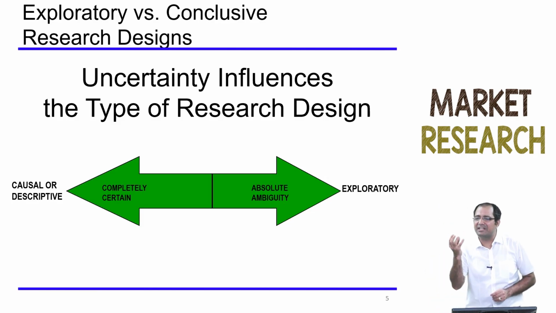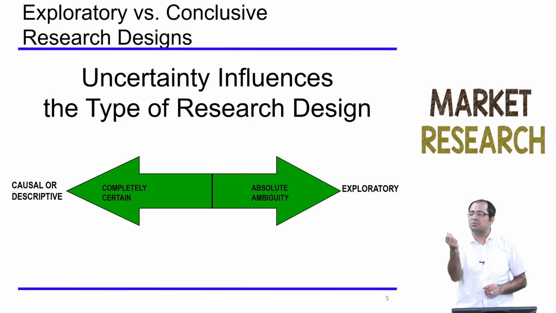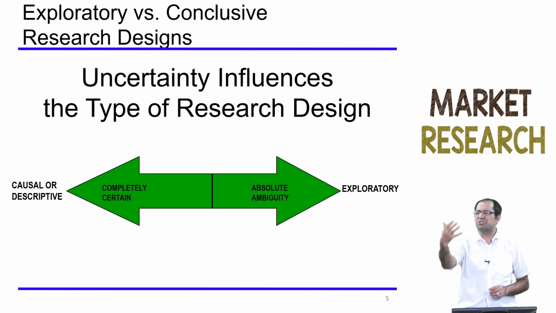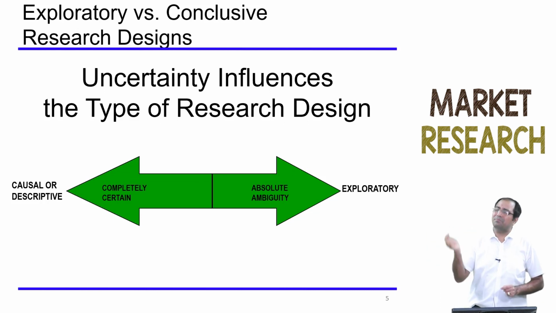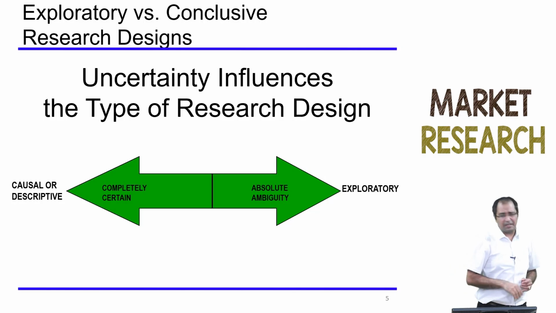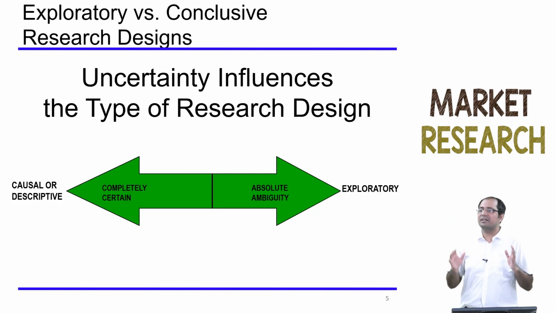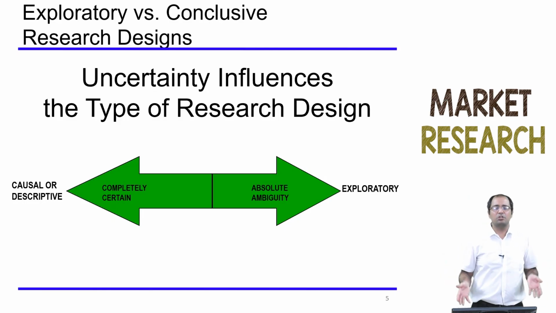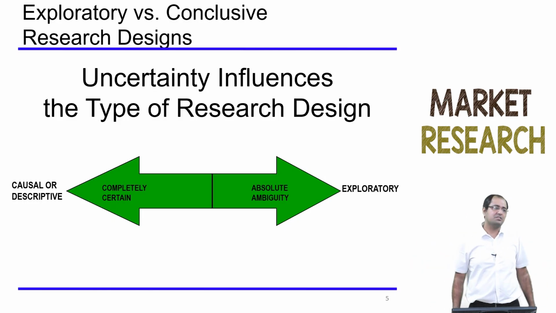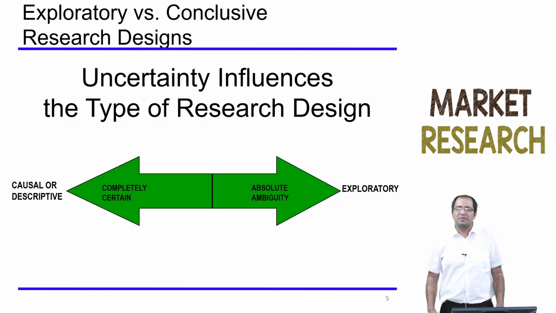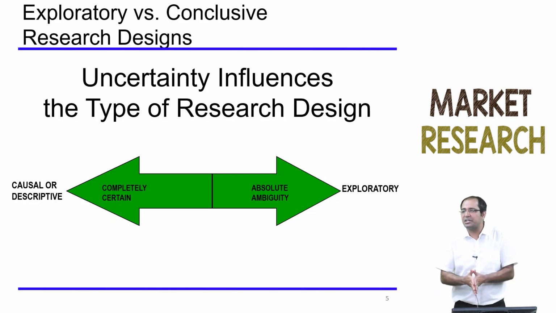In exploratory research, the data is generally in the form of paragraph statements. It is qualitative, although there can be quantitative secondary data as well. But the characteristic of exploratory research is that the problem is not known and the issue is under investigation. We are looking at different aspects of the situation in order to arrive at a probable cause, or the variables on which to do further research are not known.